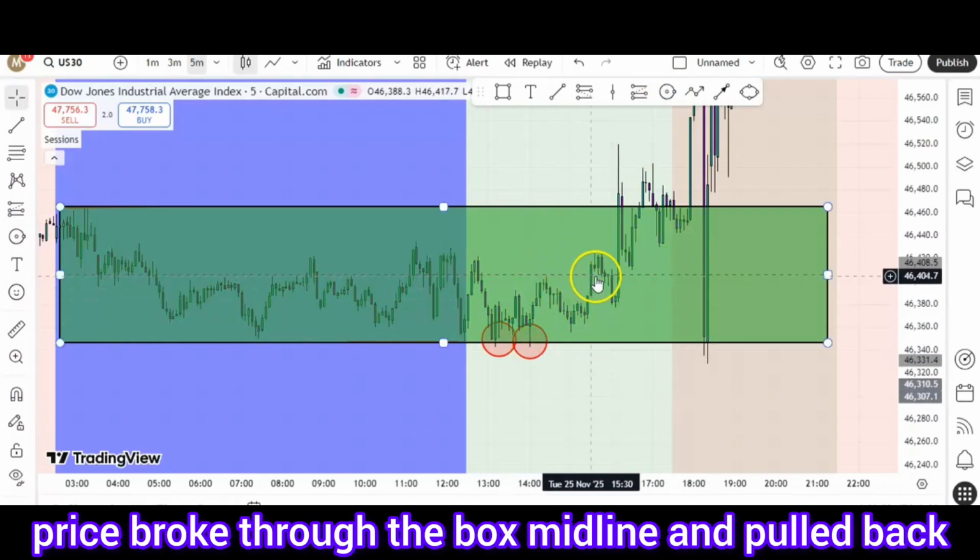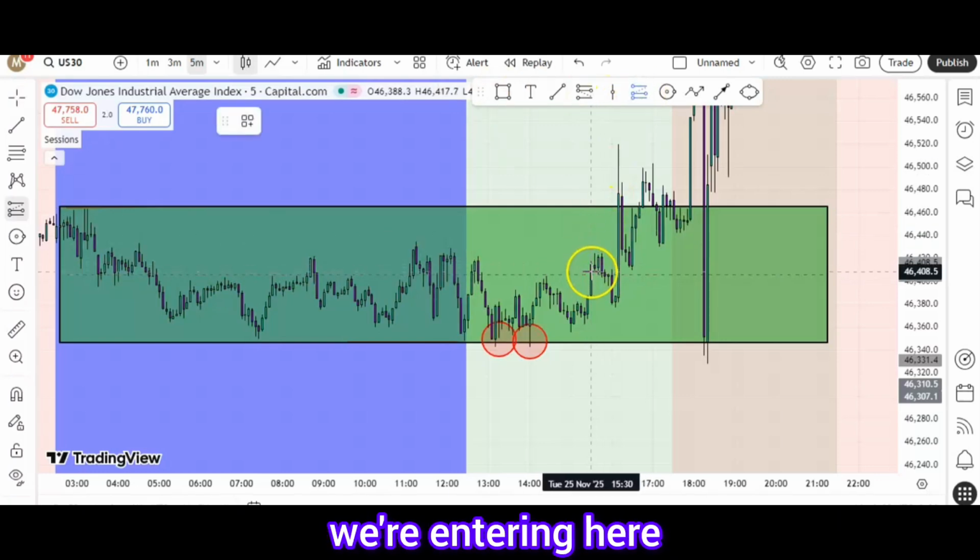Price broke through the box midline and pulled back. We are entering here.